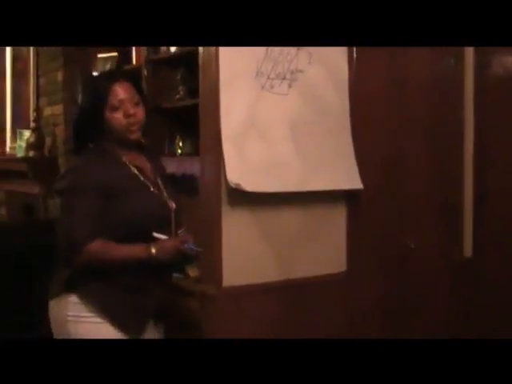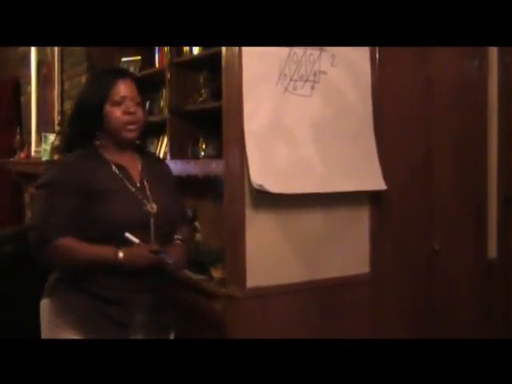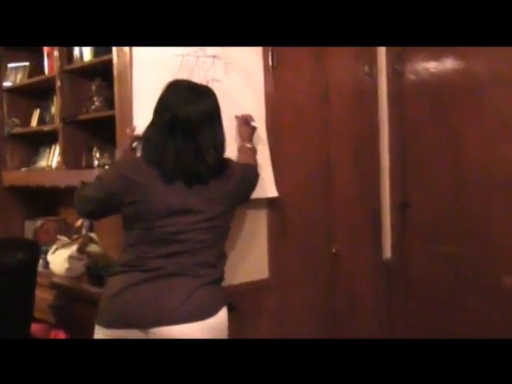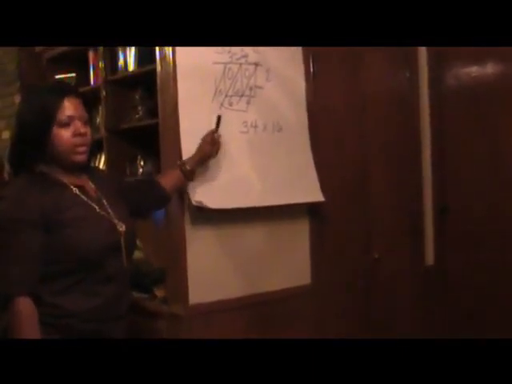Now, let's review what we just did. This time, we're going to use 2-digit numbers to multiply. Let's use 34 times 16. And we're going to do the same thing to review what we just learned.